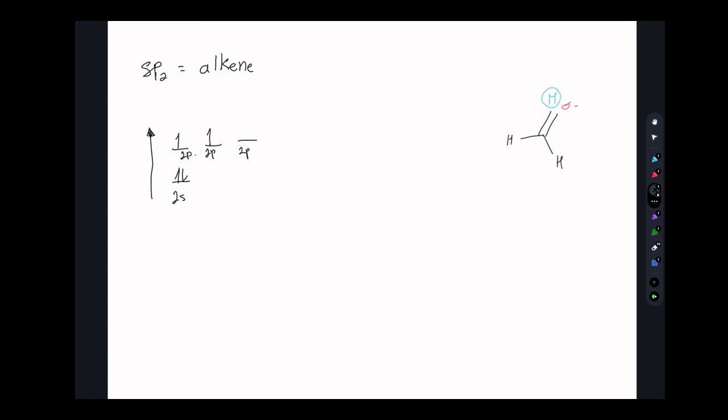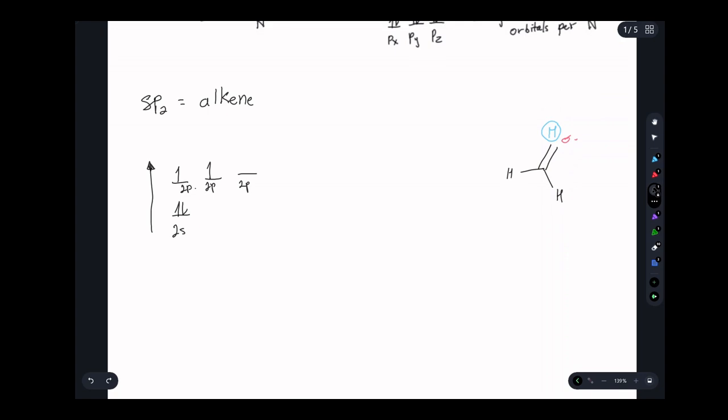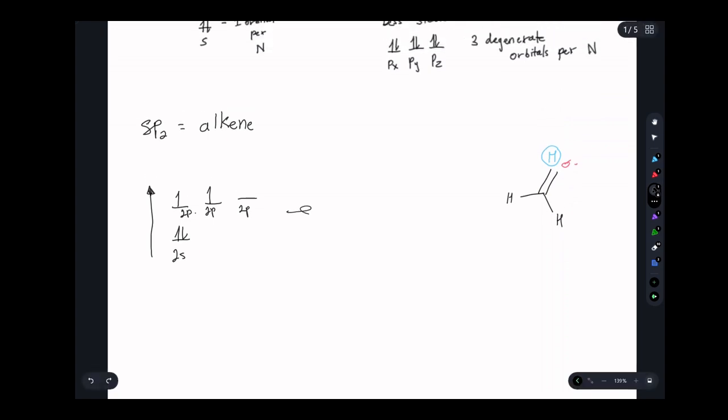now we only want to connect to three different orbitals. So if we look at this carbon here, we're going to see that there's a hydrogen, and another carbon, let's say. So here, the carbon is only going to want to make three hybridized bonds. And to do that, we're going to mix three of our orbitals.